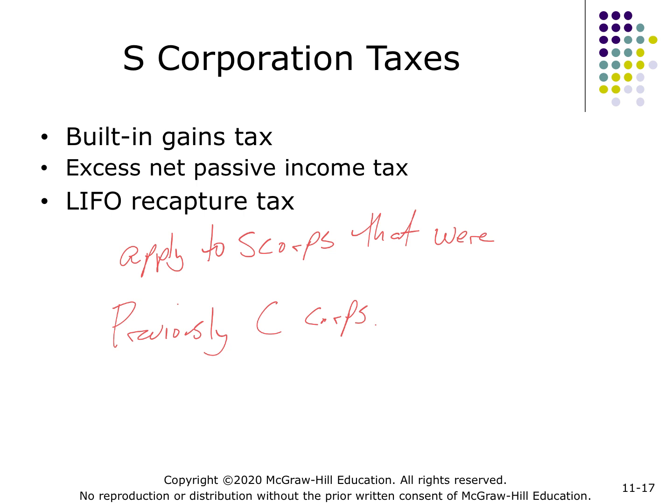So I'll post a separate document on these as well, because we need to discuss these a little bit, but it's important to know that these only apply to S corporations that were previously C corporations.